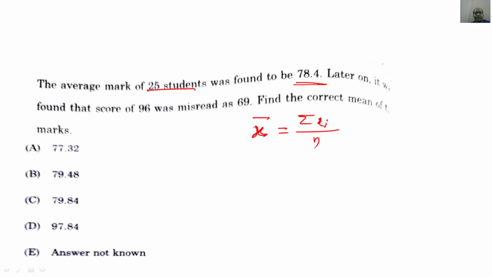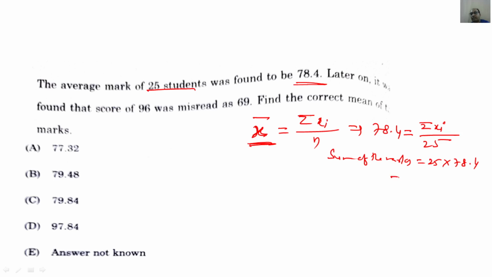Here this mean is already given to us as 78.4, so 78.4 is equal to sigma xi, which we do not know, that is the summation, divided by n, which is already given as 25. It means the sum of the marks, that is sigma xi, is equal to 25 into 78.4.